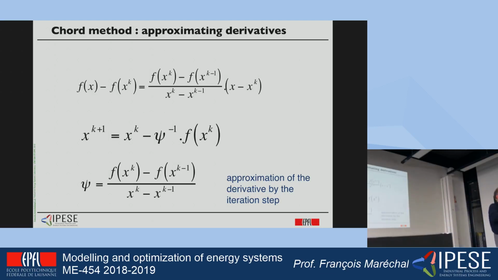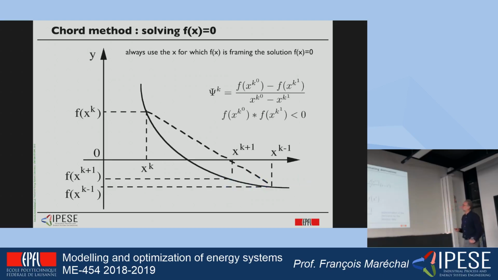So if the problem is linear, the solution is found. Okay? If the problem is nonlinear and if I have made a big step, then it's possible that my evaluation is completely wrong. Okay? But it allows me to have an approximation of the derivative without having to make perturbations. Okay? And this would then allow us to apply the Newton without losing time in evaluating the derivatives.